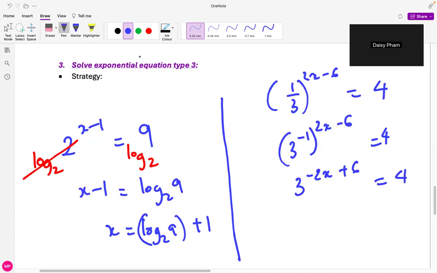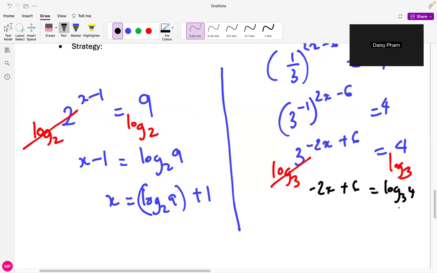Now, to get rid of 3, you pretty much do the same thing. You're going to take log base 3 on both sides. So log 3 of 3 will cancel out. So you have negative 2x plus 6 equals log 3 of 4. Then move the 6 over, negative 2x equals log 3 of 4 minus 6.